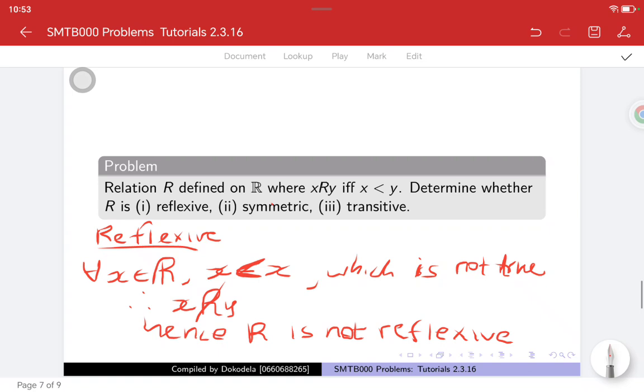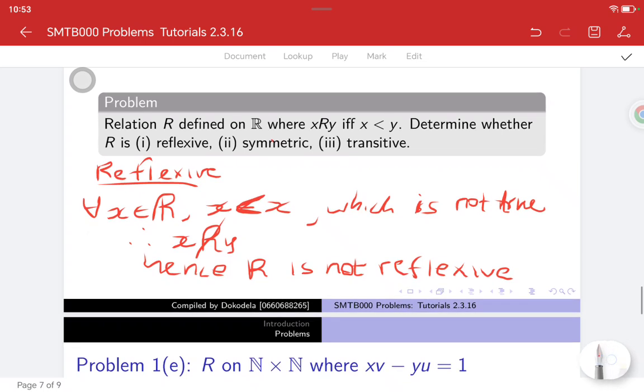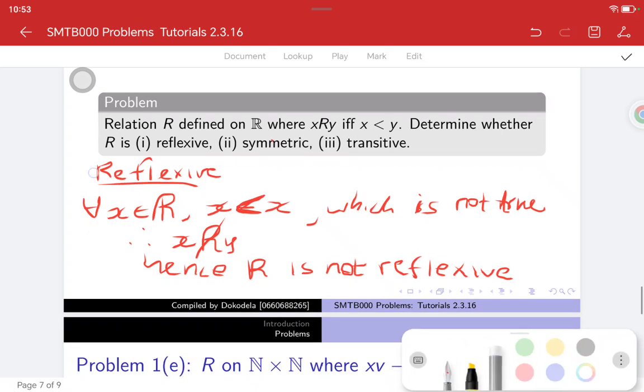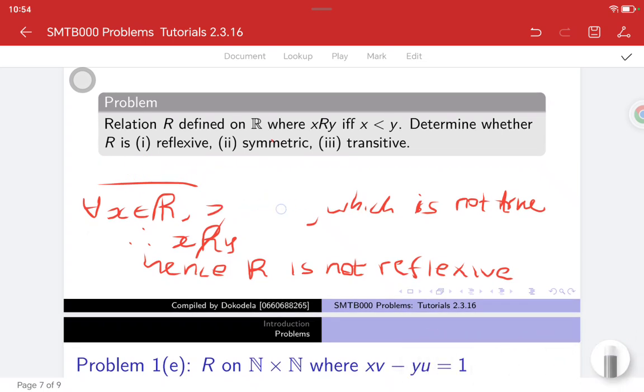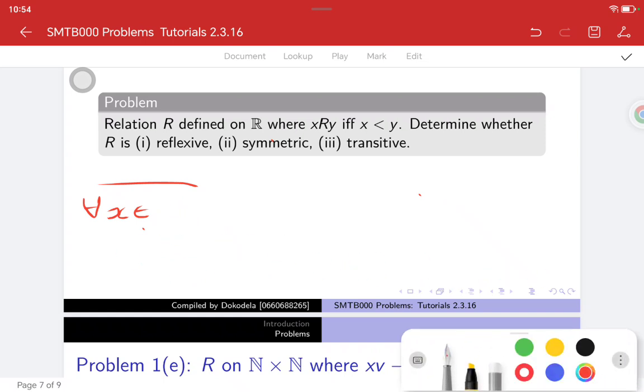Now we can check symmetric for this. Let me erase this. For symmetric, we're going to take two elements.